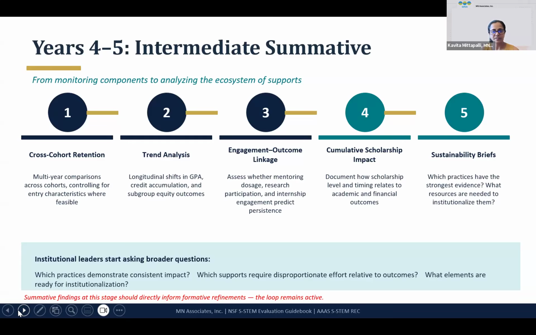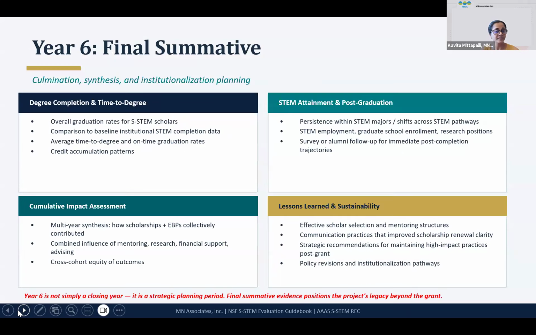Moving on to the next slide, please. Final summative. This is the culmination, synthesis, and institutionalization planning. So year 6 is both culminating and a huge transition year. The evaluator shifts from monitoring to comprehensive synthesis across all cohorts. 4 areas of final analysis are degree completion and time to degree.